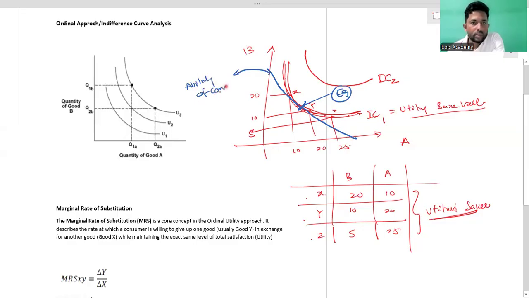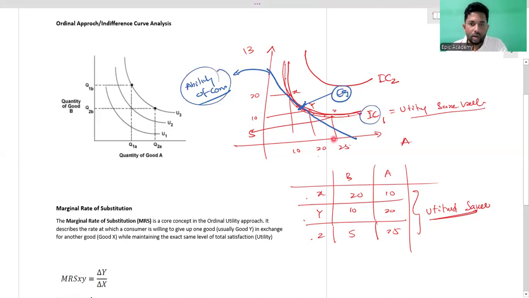Did you get the idea? You develop the budget constraint by using the price of the commodity and the income of the consumer. That's the meaning of consumption ability. So it displays the consumption ability.